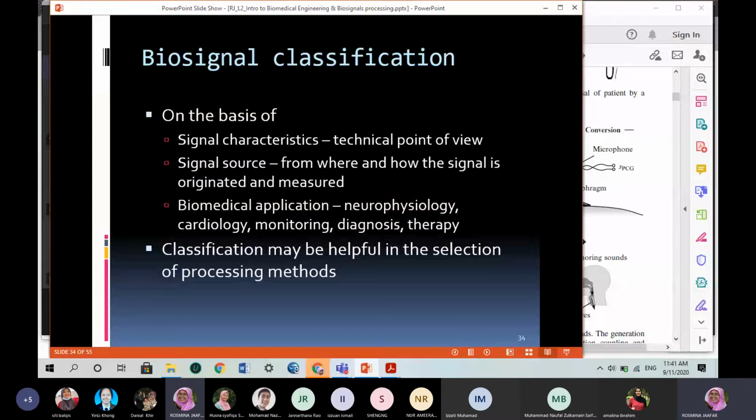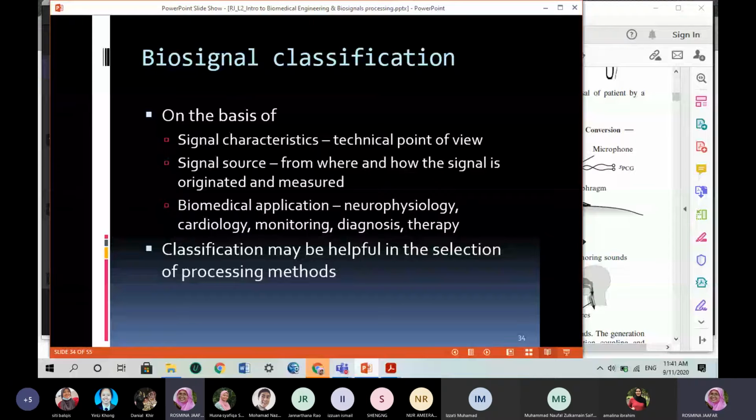You cannot say you want to apply signal analysis on cardiology, but then evaluate the EEG signal. That is not appropriate, because EEG signals pertain to brain activities. So this is important. You need to know the application.